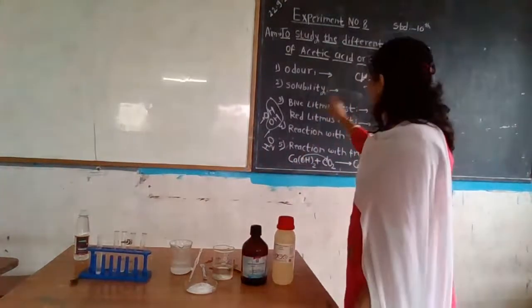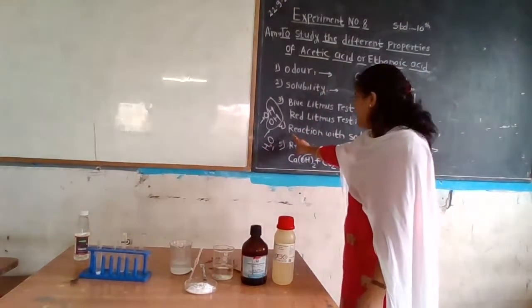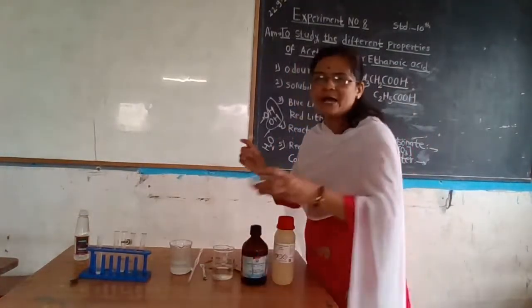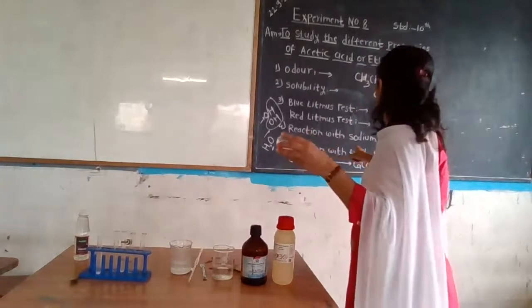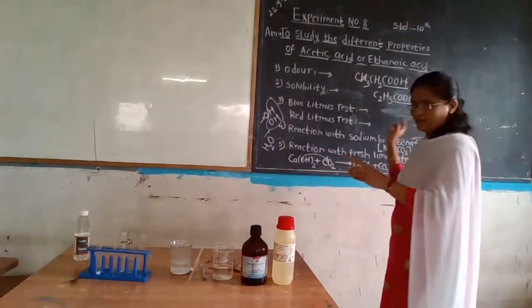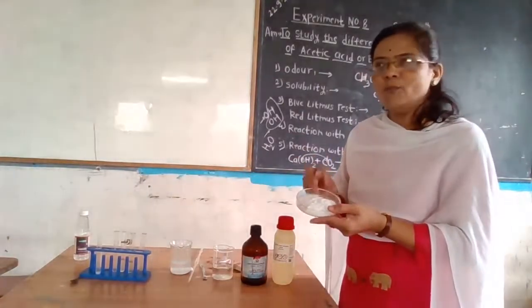And then the fourth chemical property is the reaction with sodium bicarbonate. The molecular formula of sodium bicarbonate is NaHCO3, a white colored powder.